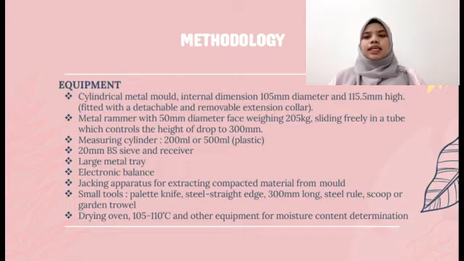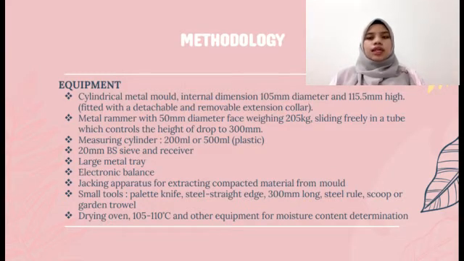Methodology. Firstly, equipment. First, a cylindrical metal mold, internal dimension 105 mm diameter and 115 mm height. Secondly, a metal rammer with 50 mm diameter face weighing 2.5 kg, sliding freely in a tube which controls the height of drop to 300 mm. Next, a measuring cylinder, which is 200 ml or 500 ml in plastic.